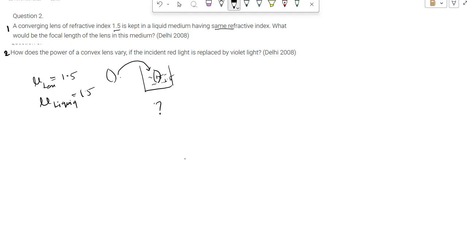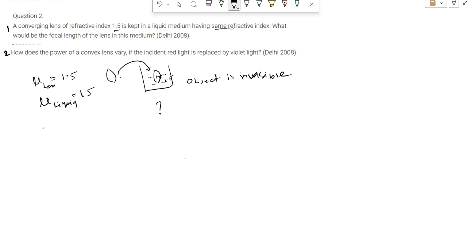You have observed that if both have the same refractive index, 1.5 and 1.5, then the object will be invisible. You can't see the object inside that liquid because both have almost the same color.